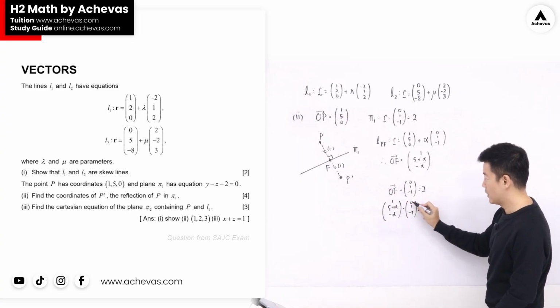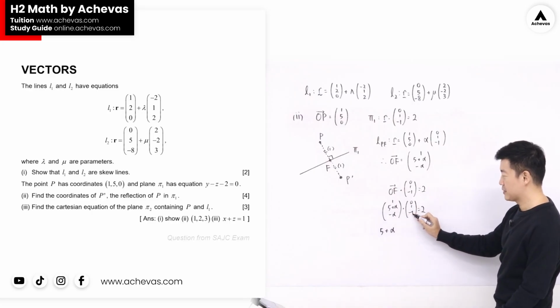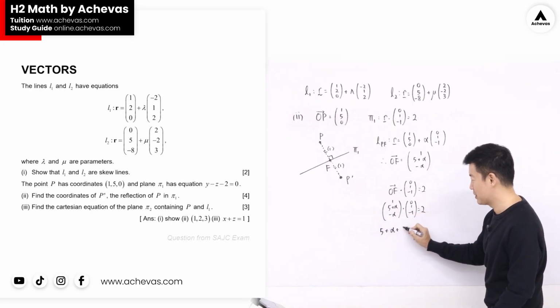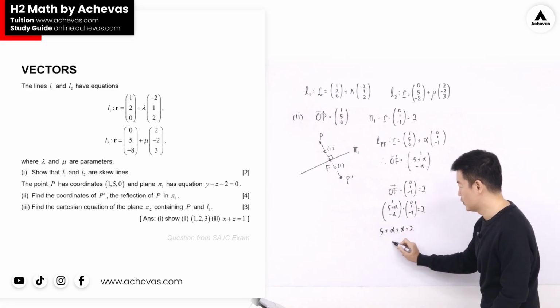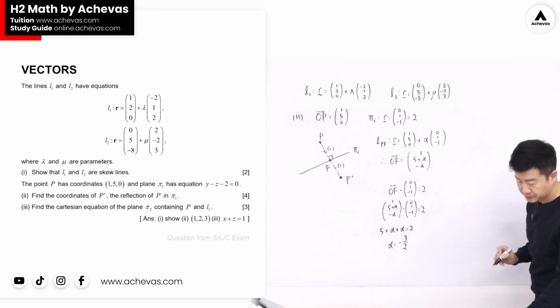Evaluating the left-hand side, 1 times 0 is going to be 0. This times this is going to be 5 plus alpha. Minus alpha times minus 1 is going to be plus alpha. This is equal to 2, which means that alpha is going to be negative 3 over 2.